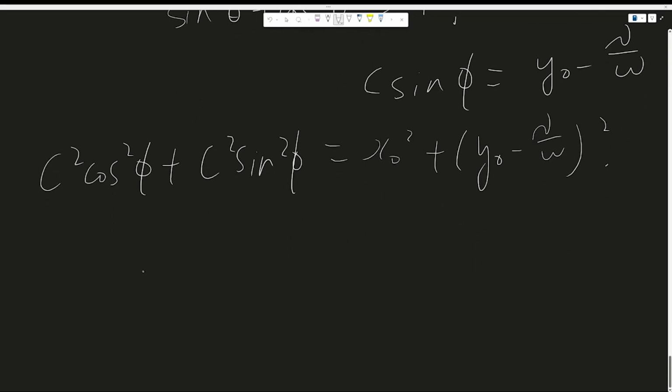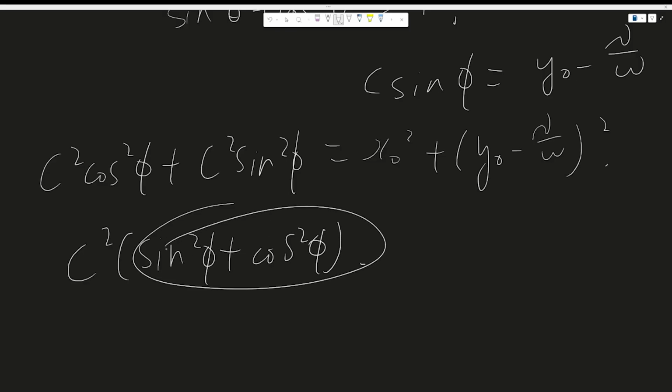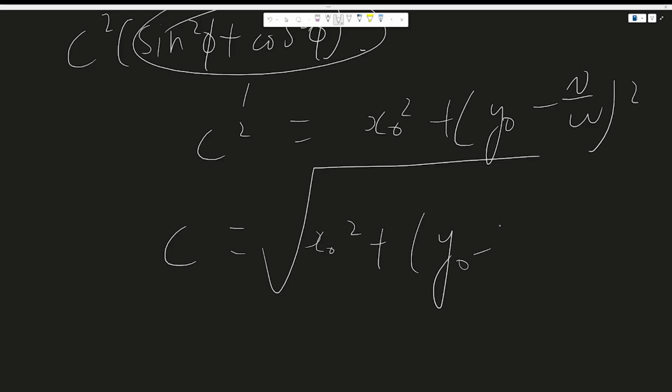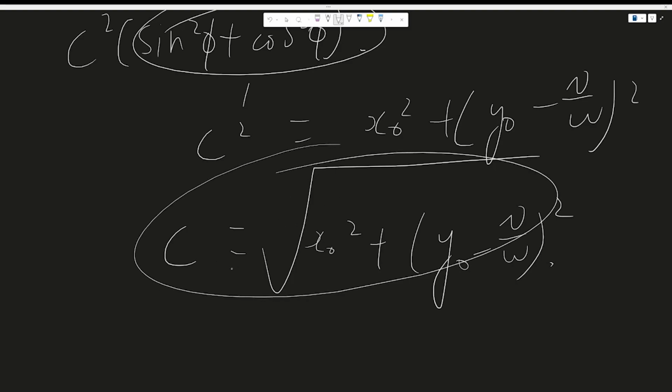Now we can group these terms, and this one just becomes 1, so we have c squared equals x naught squared plus y naught minus v over omega, whole thing squared. So c is the square root of x naught squared plus y naught minus v over omega, whole thing squared. And so this is c, the constant.